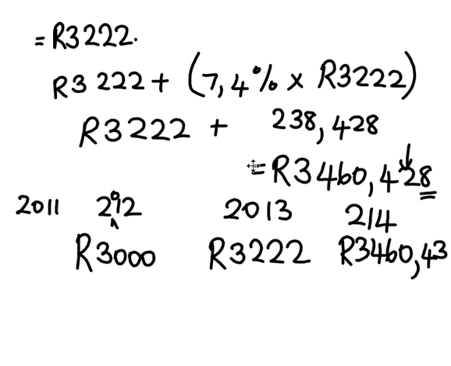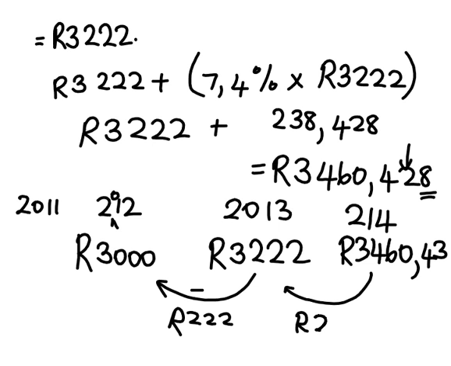Right, now what I need you to do is test whether there is a constant difference or a constant ratio. Okay, so if I took this minus that, I had 222 Rand. If I took that minus that, I had 238 Rand 43.